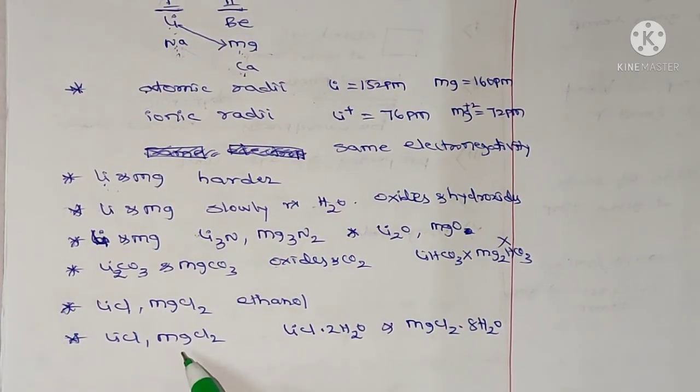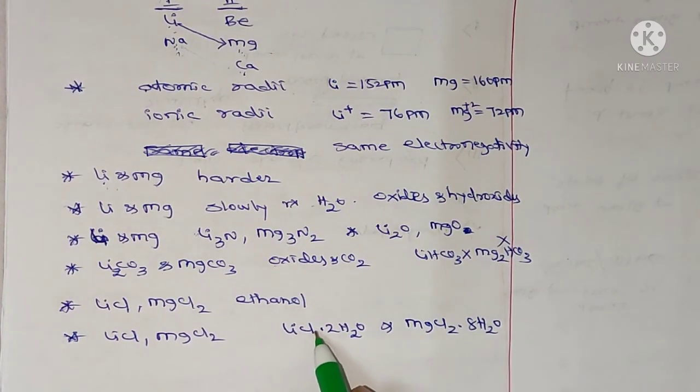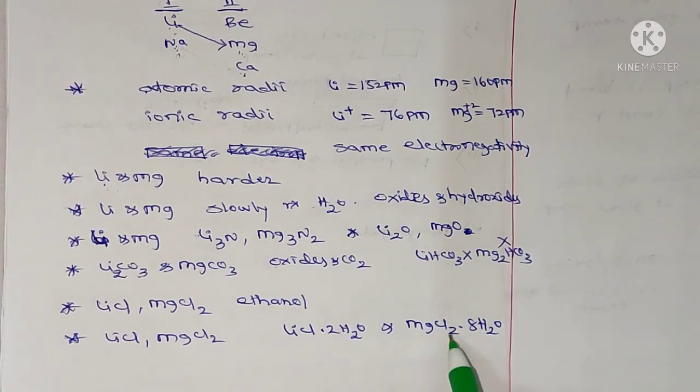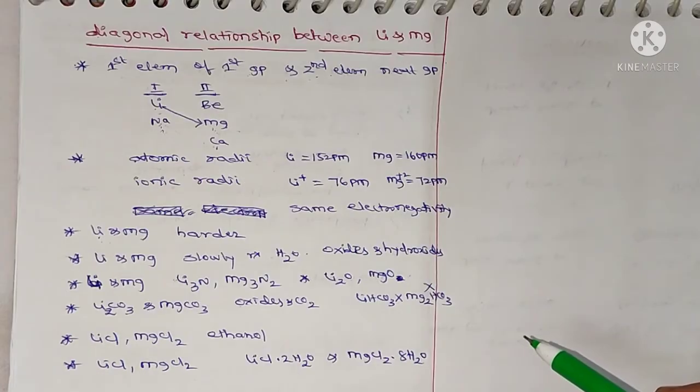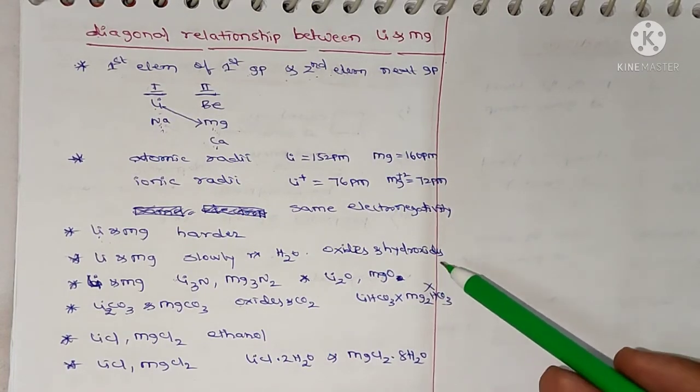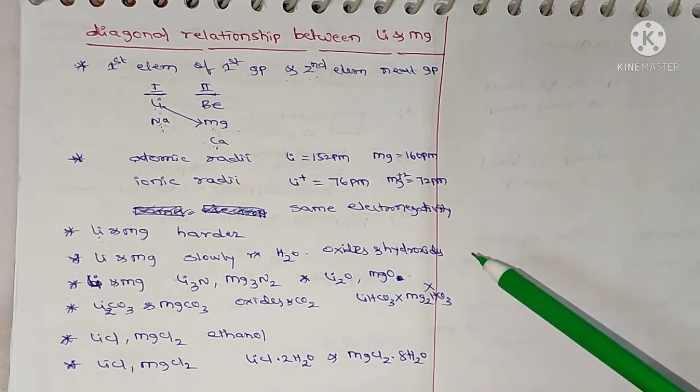So lithium chloride and magnesium chloride crystallize from the aqueous solution as hydrates. Lithium chloride hydrate and magnesium chloride hydrate. So this is about diagonal relationship between lithium and magnesium.